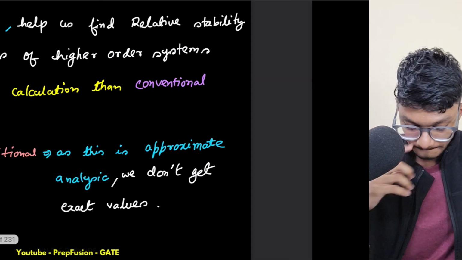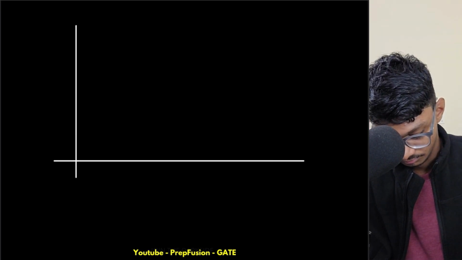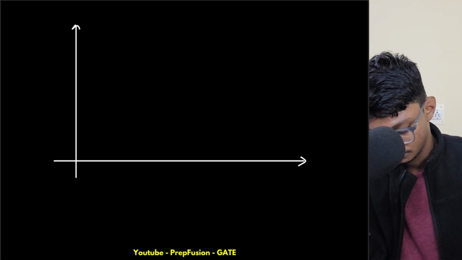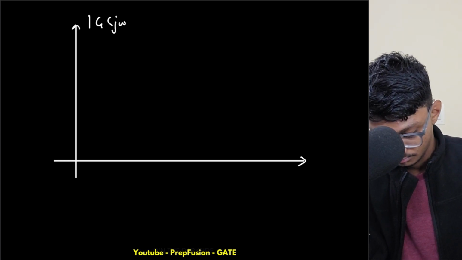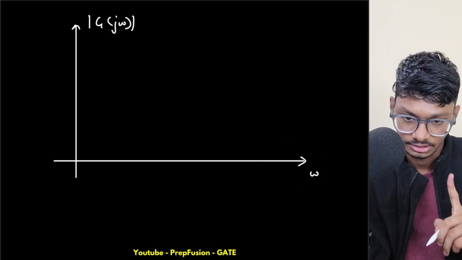So now let's solve the question. First we'll draw the Bode gain plot. The gain plot we can draw in a matter of seconds. G omega versus omega, and this is in log scale, remember.